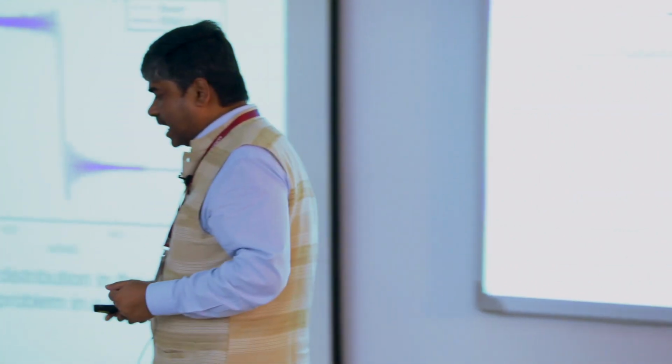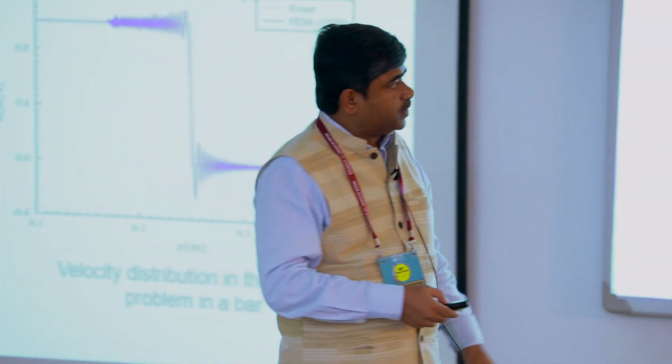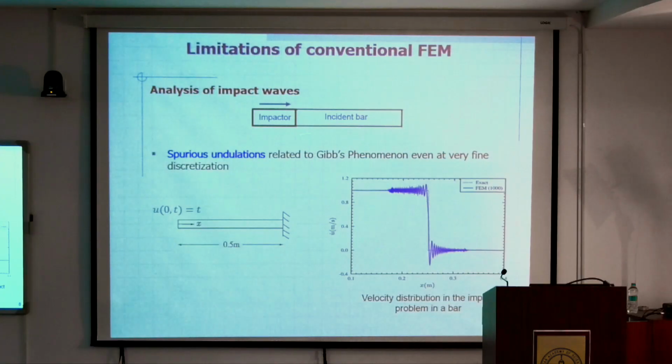Not only that, that's about the computation time, but there are other issues. For example, if you use a conventional finite element, and if you have an impactor here, it's a very simple one-dimensional problem. If you put a velocity here, the velocity should propagate like this, and this is 0.